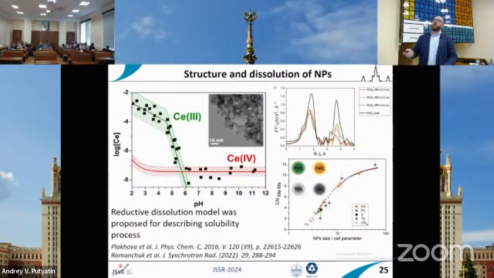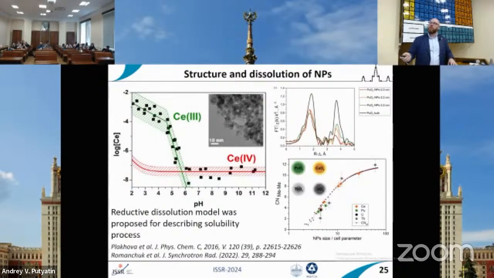It is clear from the results that at acidic pH range, the dissolution also involves the reduction of cerium from +4 to +3.